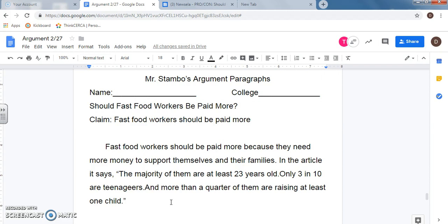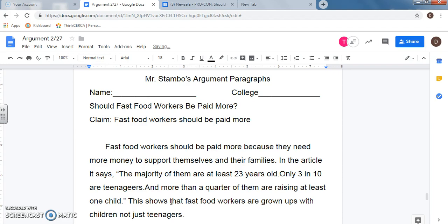Okay, so I'm looking at this evidence. It's basically saying the majority of the workers are actually older and they have children. So I'm going to start it with: this shows that fast food workers are grown-ups with children, not just teenagers.